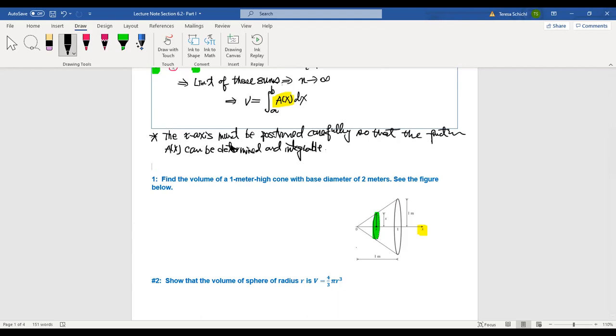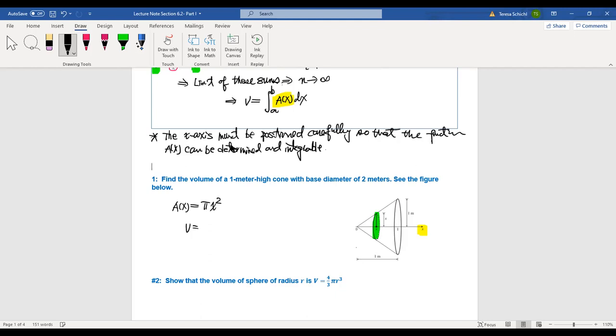I know the A(x) here, so I can say A(x) is equal to pi r squared, correct? So the area will be pi times what? Pi x squared here. You see that? Okay, so now the volume. Each one is pi x squared, which depends on the value of x, right? So what is the volume here?